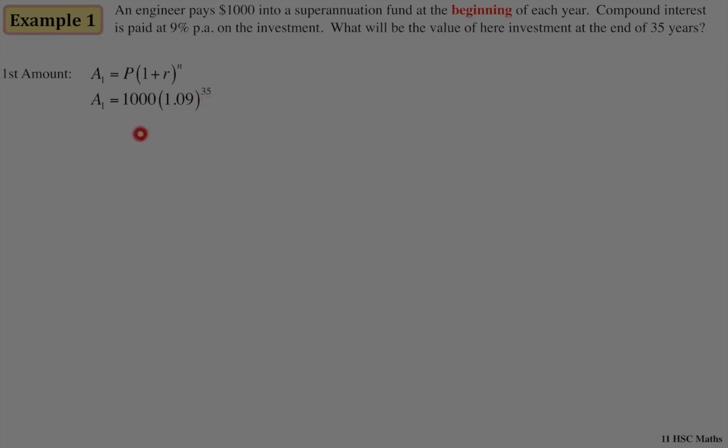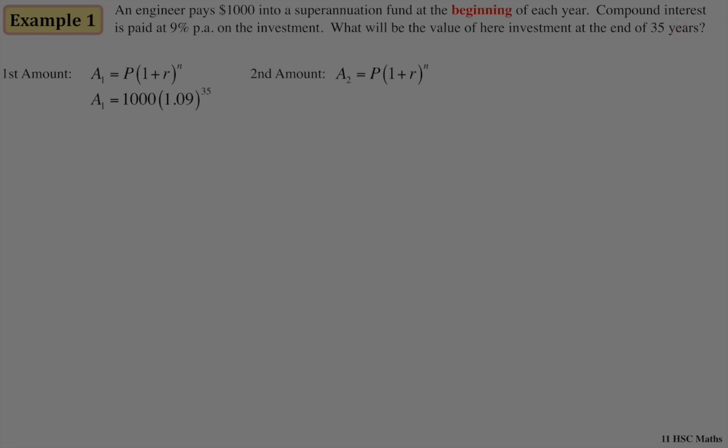Now don't bother calculating what that is. Leave it like that. Don't put that into the calculator. You'll see why in a moment. The second amount of money, he puts in $1,000 again, at the beginning of the second year. Still going to earn 1.09. The 1 is the original amount, the 9% is the increase.